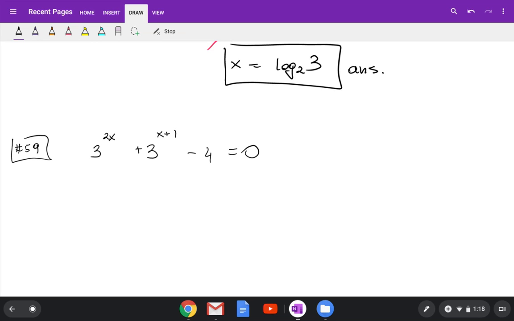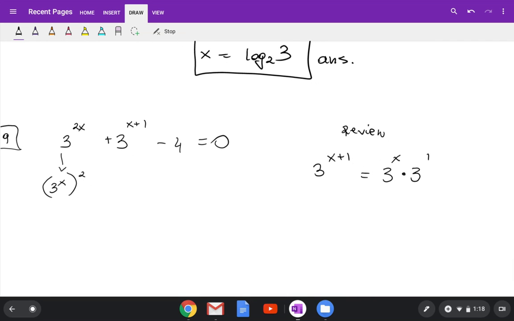First, we're going to rewrite 3 to the power of 2x as 3 to the power of x squared. So we're building that quadratic. Now 3 to the power of x plus 1, so let's review. 3 to the power of x plus 1 is the same as 3 to the power of x times 3 to the power of 1.